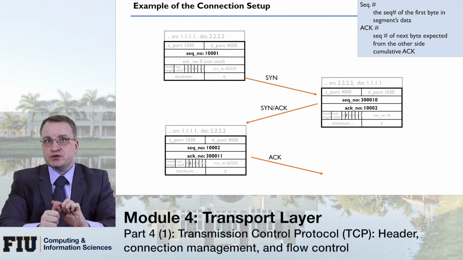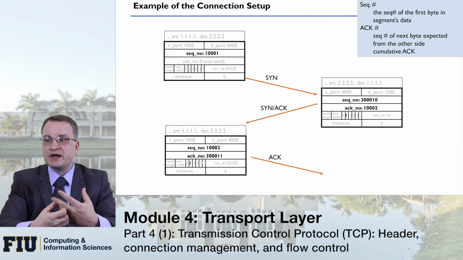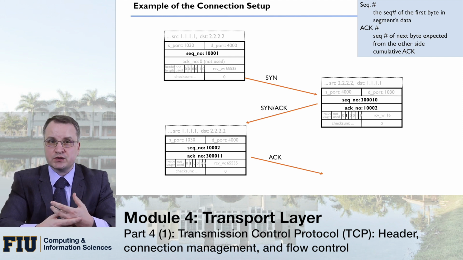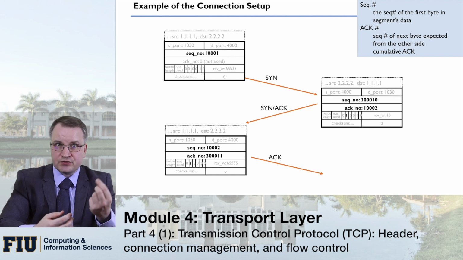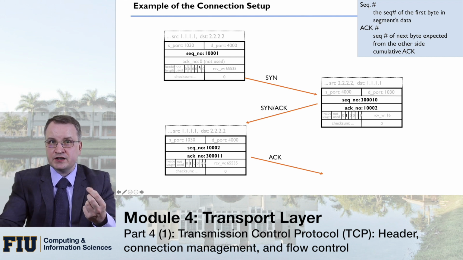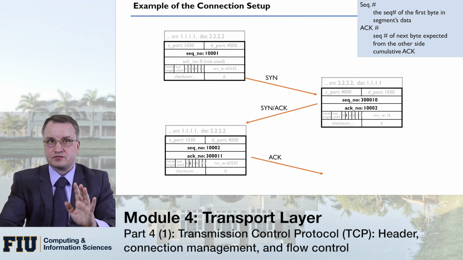If I want to establish the connection, I randomly pick the value of my base sequence number to be 10,001. So I have to include the SYN flag in here and the sequence number. Whatever I specified for the acknowledgement is actually not used, and other parameters really depend on other environmental parameters.